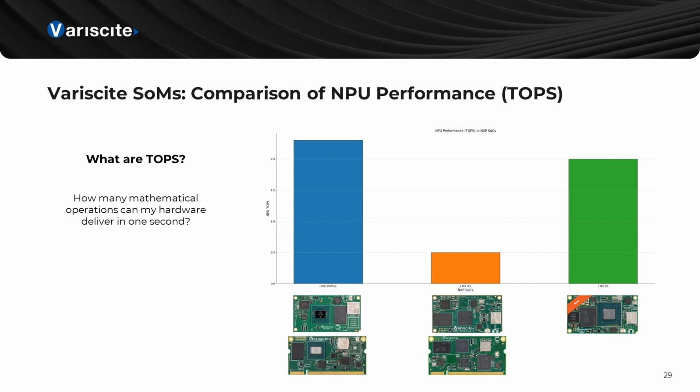This is because the MX95 uses NXP's in-house Neutron NPU, which is optimized specifically for modern AI workloads. Unlike the i.MX8M-PLUS, which relied on third-party IP, the i.MX95's NPU is designed to handle today's neural network models far more efficiently. The Neutron NPU is optimized to execute modern AI algorithms with fewer clock cycles per operation, resulting in significantly faster performance. It features advanced data management techniques that reduce bottlenecks, enabling higher sustained performance.